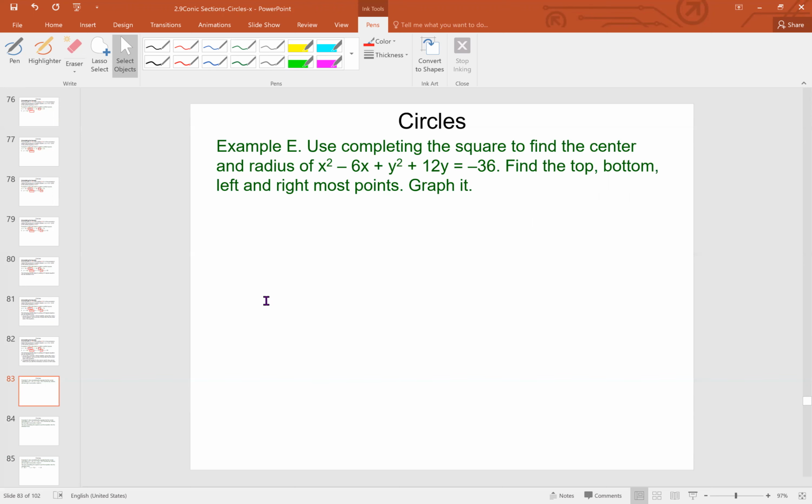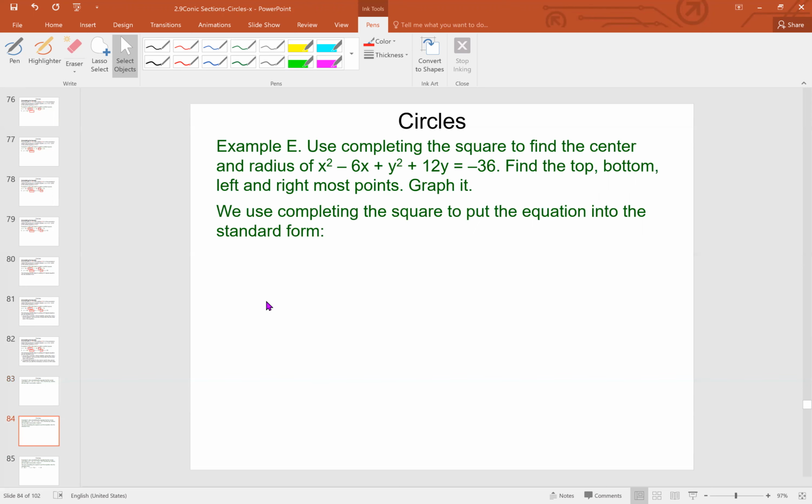So how do we do this logistically? Well, first separate the x's into one group and leave a parking space because I'm going to put a number there. Same thing with the y's: group them, in order, y squared plus something, and leave a space over there, and move the numbers to the other side. So you put them into this format.